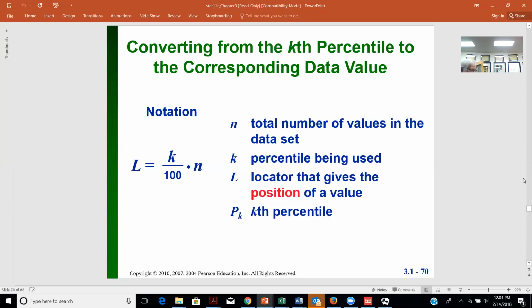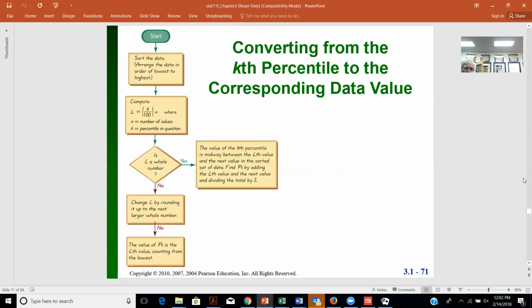If we know the total number of values in the set, and we know the percentile being used, then we can calculate what position the specific data point that has a percentile associated with it comes in. It's just algebra.